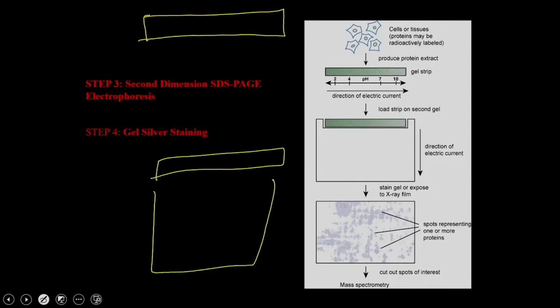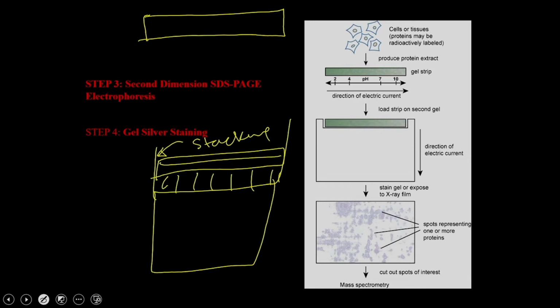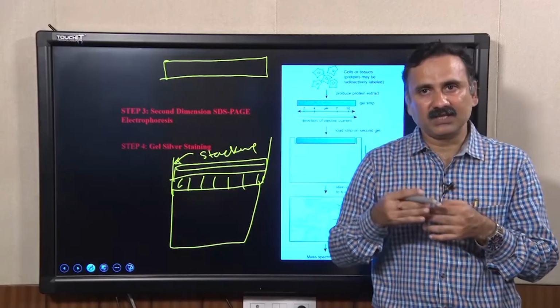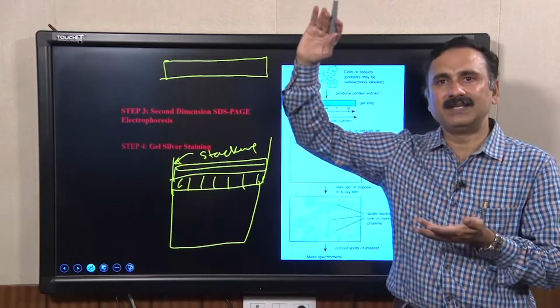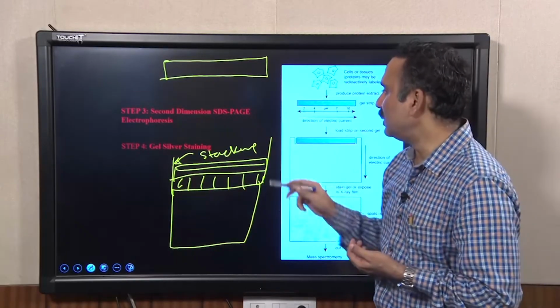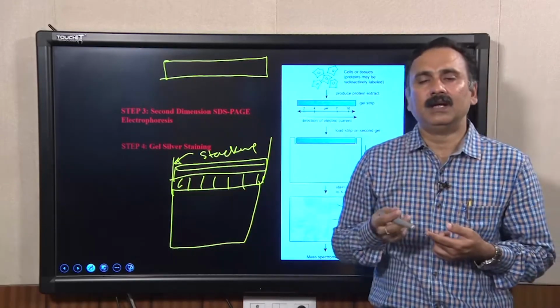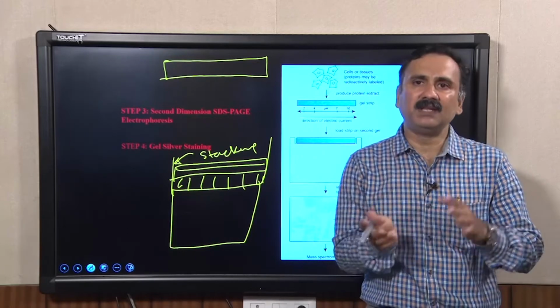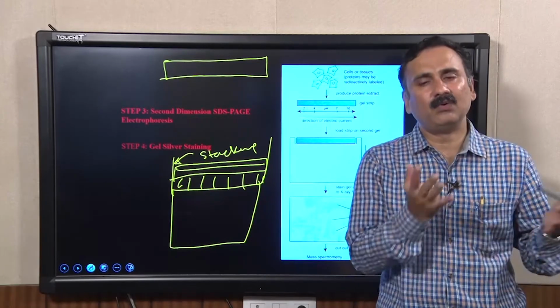You cast the resolving gel and put your strip, and then you pour the stacking gel, and because of that you seal the difference between the IPG strip and the SDS-PAGE, and it becomes one continuous gel. Then you perform the second dimension SDS-PAGE as we discussed when we were discussing vertical gel electrophoresis.